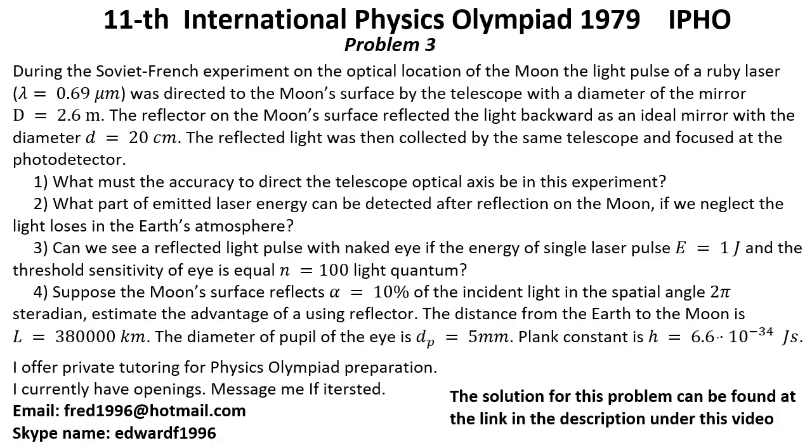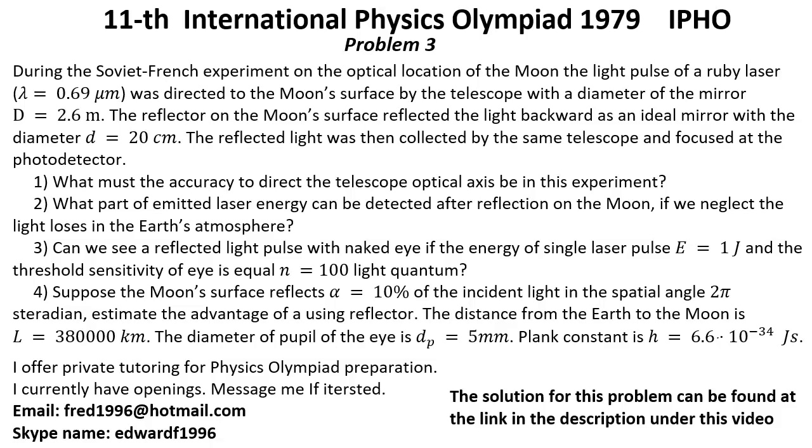Question number 3. Can we see a reflected light pulse with the naked eye if the energy of single laser pulse E equal 1 joule and the threshold sensitivity of eye is n equal 100 light quantum?